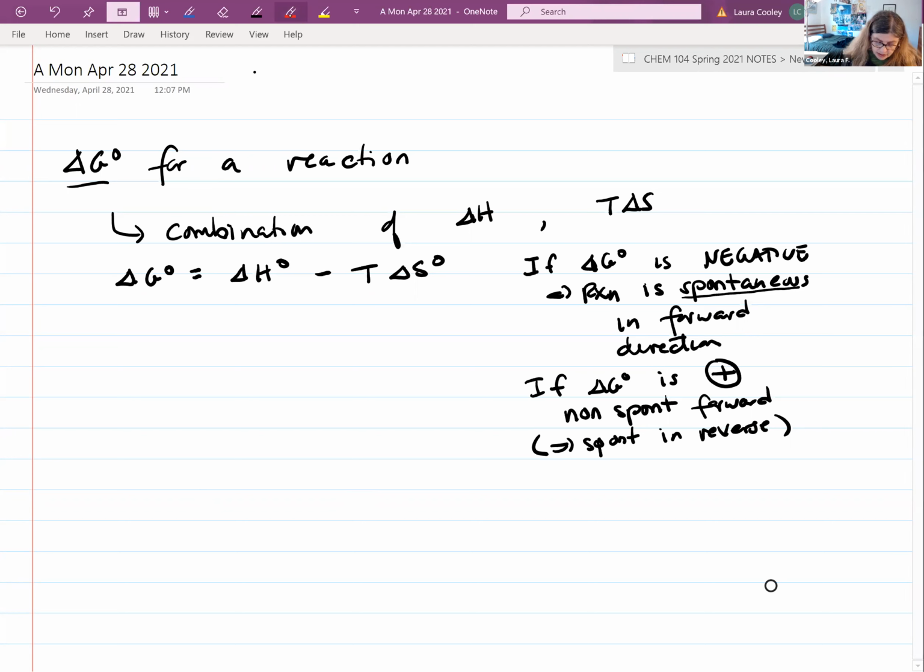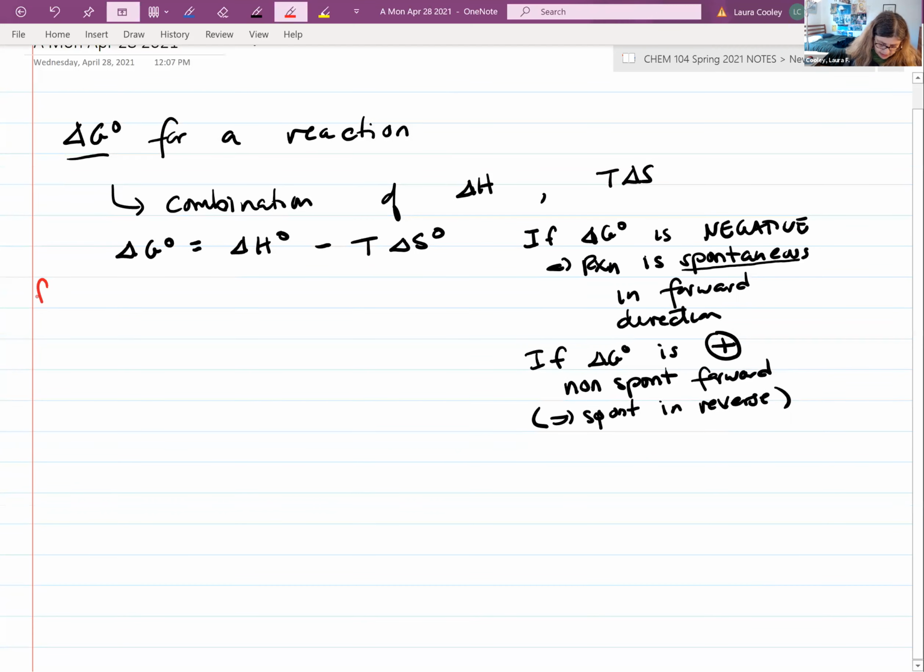So let's think about the signs of delta G. And so what I want to do is, for example, suppose we have a reaction that has a negative enthalpy change and a positive change in entropy.